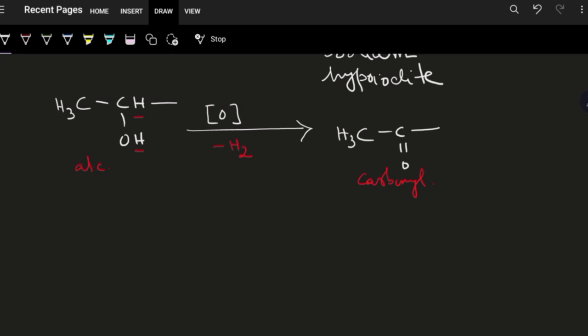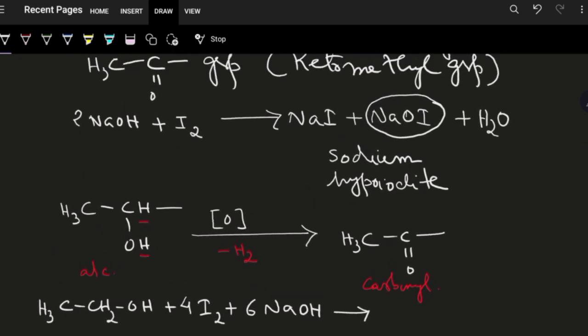So what is the reaction? Let us take an example of the alcohol CH3CH2OH. The name is ethanol. It reacts with 4 moles of I2 and 6 moles of NaOH, and in the previous reaction we have seen that I2 and NaOH react to produce NaOI in situ.